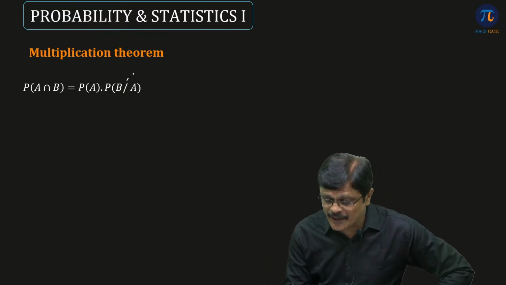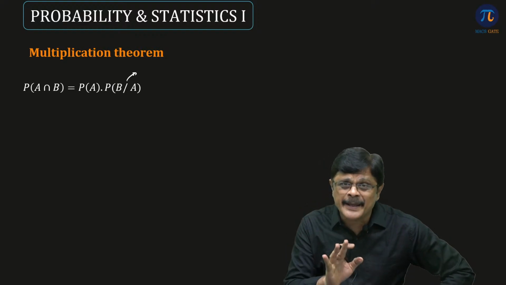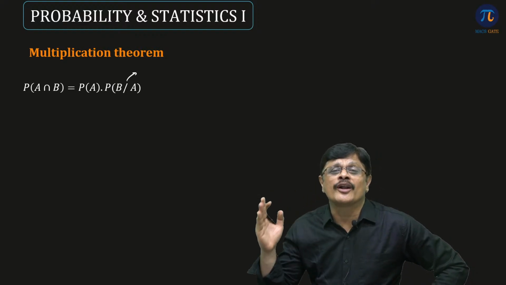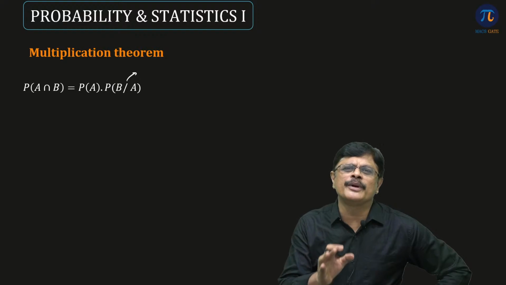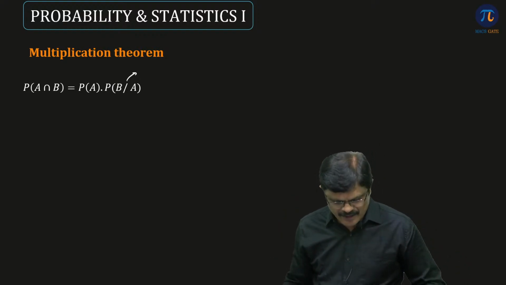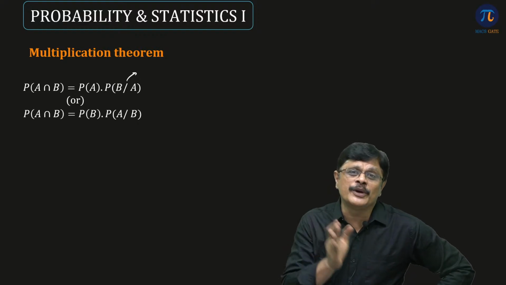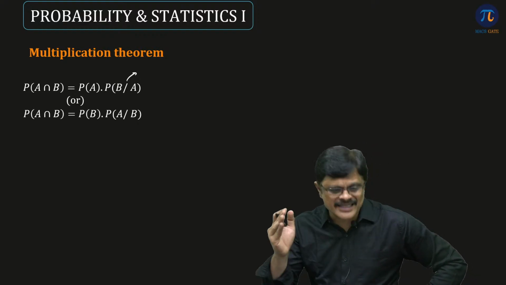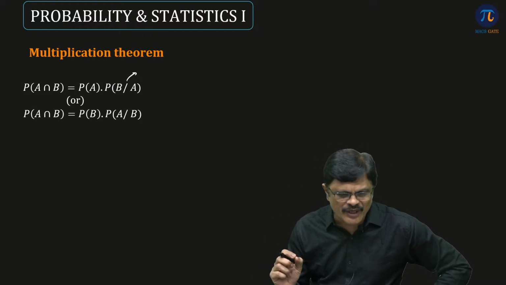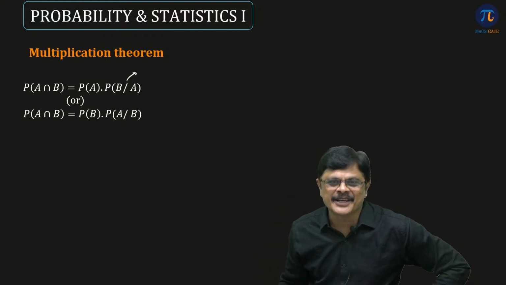How do we read it? Probability of B when A has already happened, simply probability of B given A. We can also define this as probability of B into probability of A when B has already happened. So this is what we call the multiplication theorem.